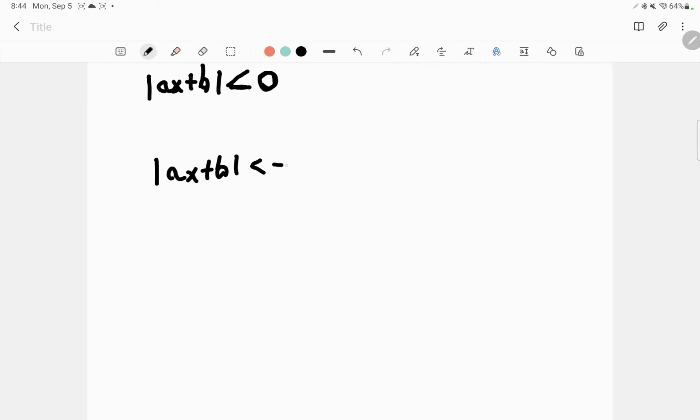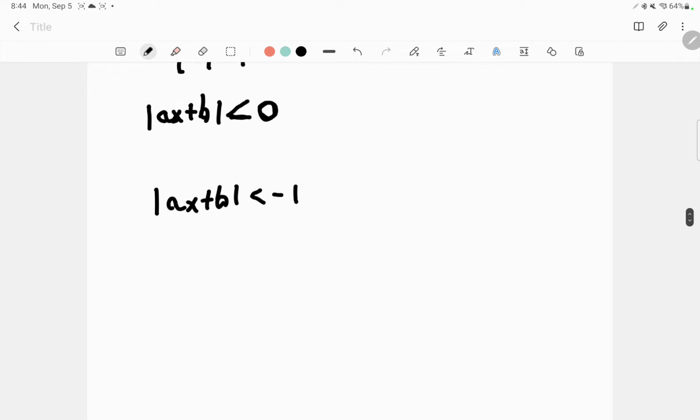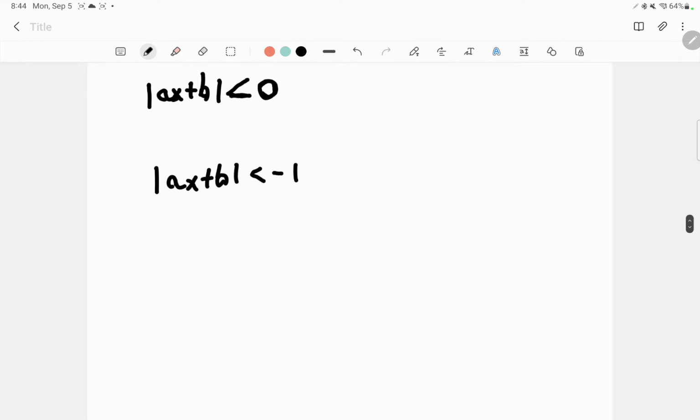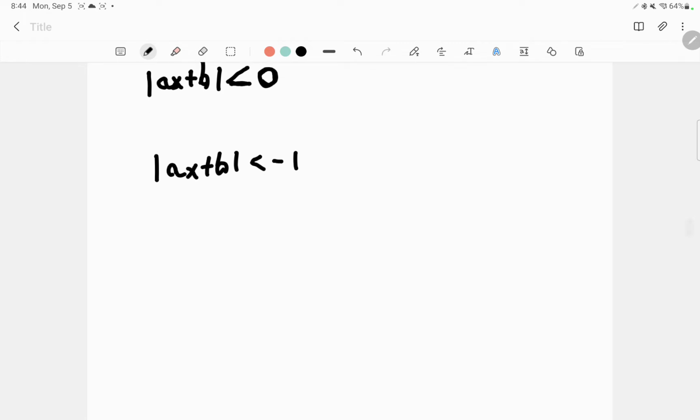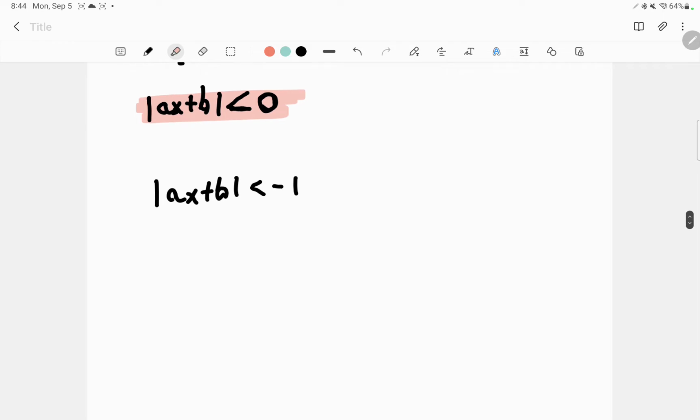There we go. So you see I have two different scenarios, right? I have my absolute value, the first one, equal to 0. Your answer is actually going to be no solution.